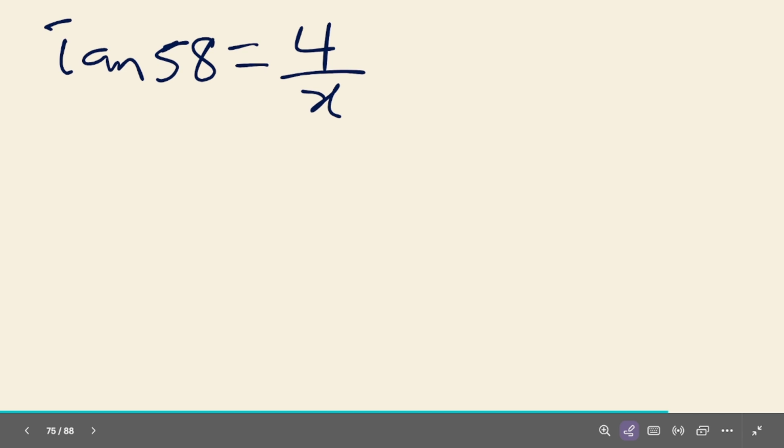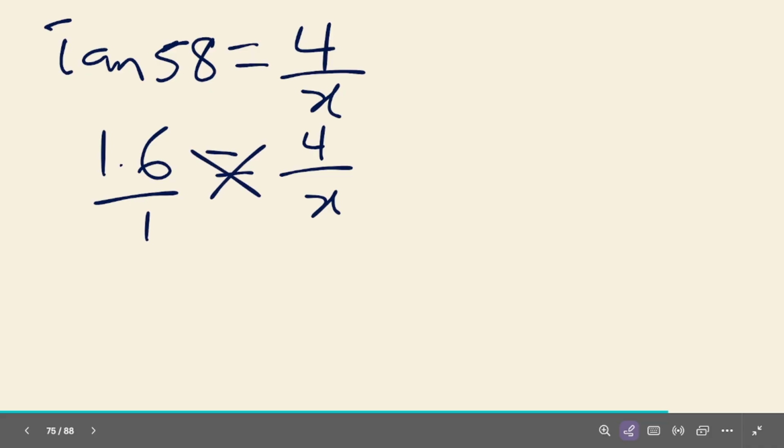So you find your tan 58. Tan 58 in your calculator, I'm having 1.6, is equal to 4 all over x. So you make this over 1 and you cross multiply. That would be 1.6x is equal to 4.